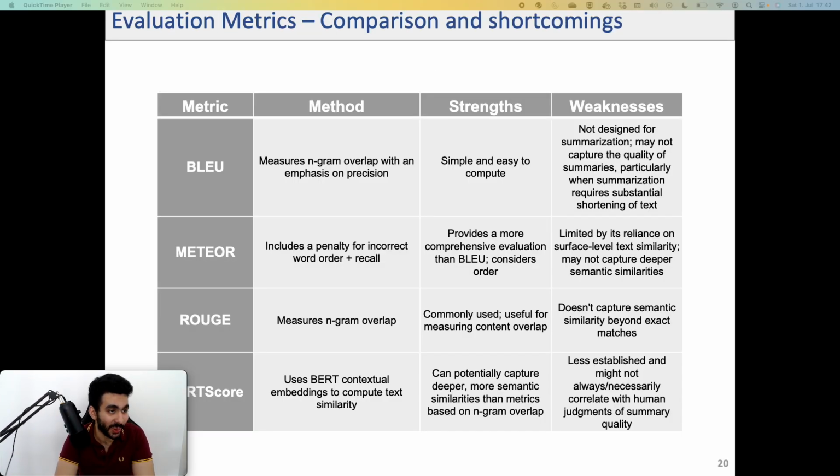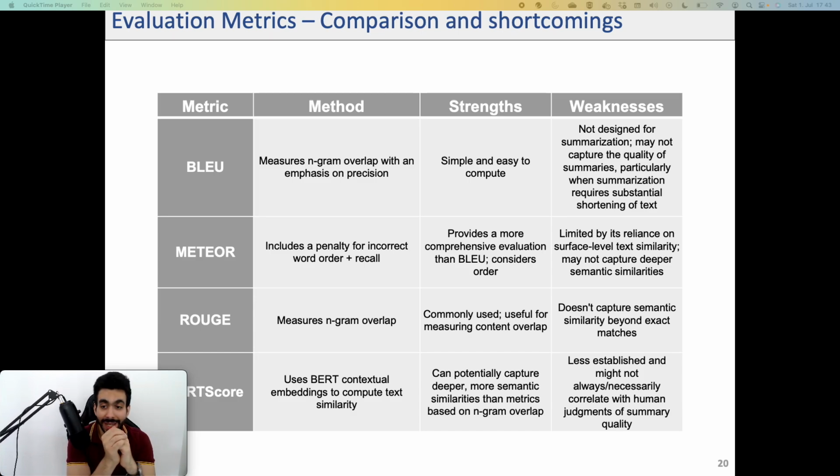Really overwhelming, the different metrics that we are talking about. That's why let's go to a comparison between the different ones right now. So talking about BLEU, this measured the n-gram overlap with an emphasis on precision. The METEOR authors introduced a penalty for incorrect word order, so they had an ordering focus, plus they also added recall.